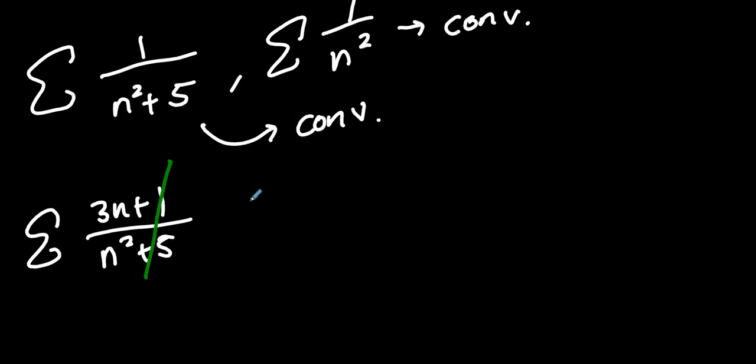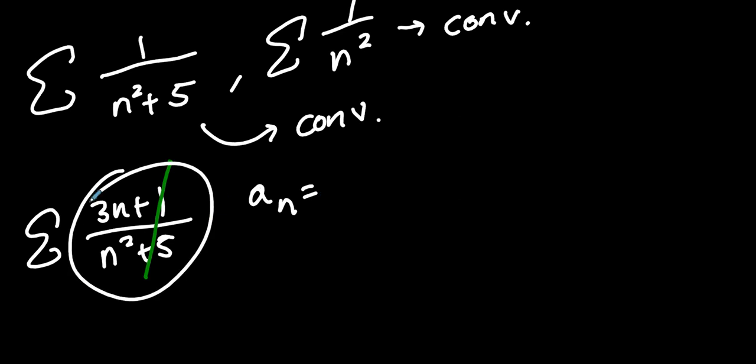So we're going to assign a of n to be the original series, all of this stuff right here, and then b of n is going to be equal to the series we can compare it to. So because 3n over n squared is 3 over n, we can compare that 3 over n to 1 over n. And that's just the simplest thing we can do because the 3 is not very significant in this matter.